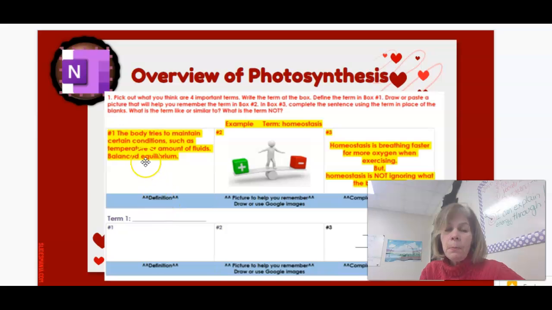Then in the definition box, it's best if you put it in your own words. Yes, you can copy and paste off the internet, but if you don't understand what the words say, you're not going to understand the term. So this I kind of put in my own words, and that is best practices.